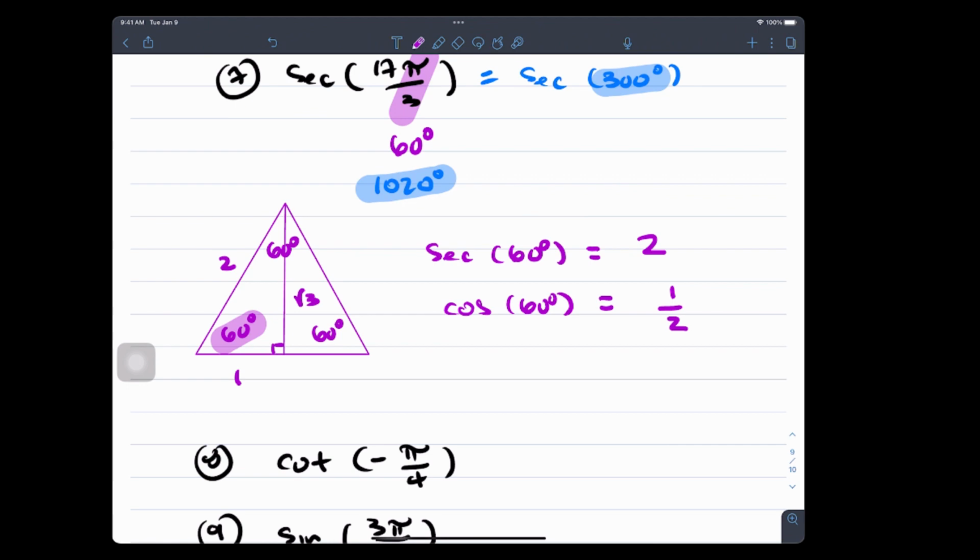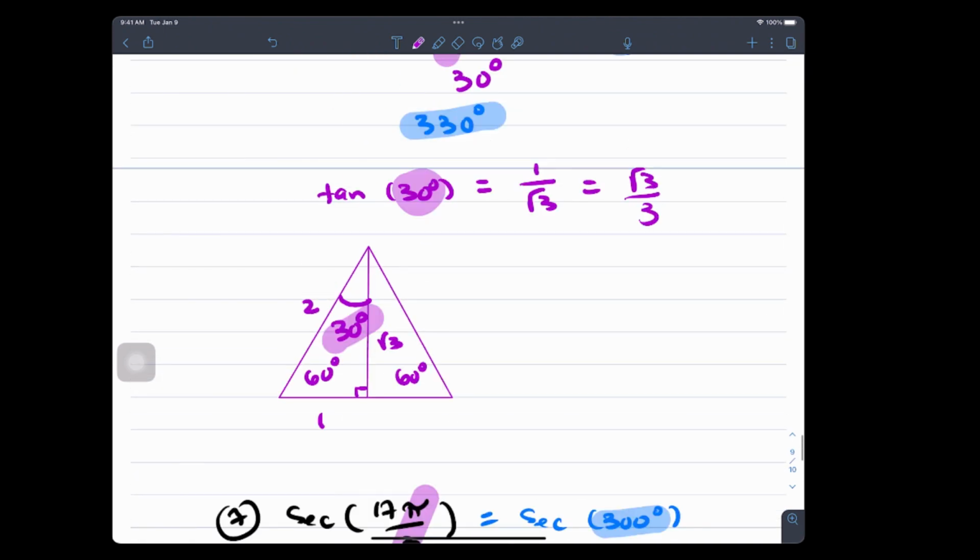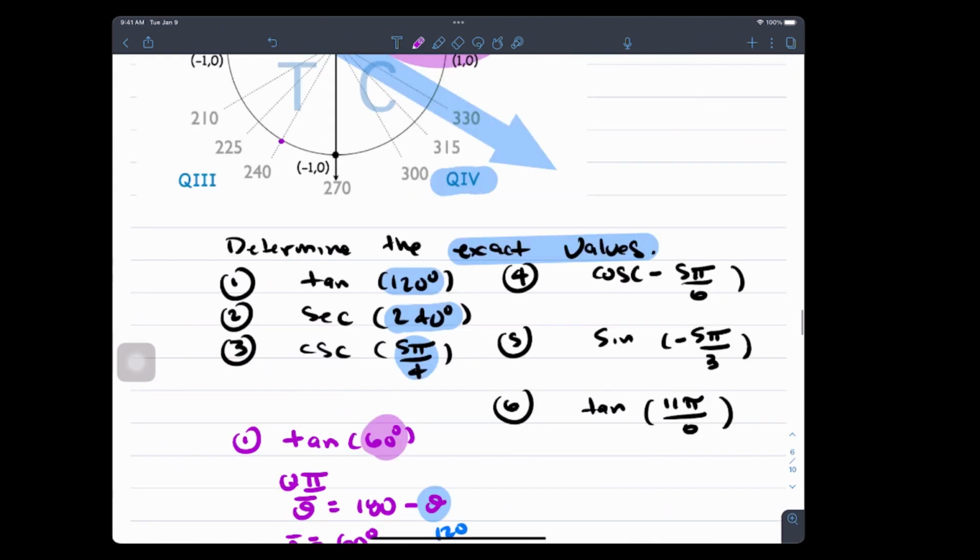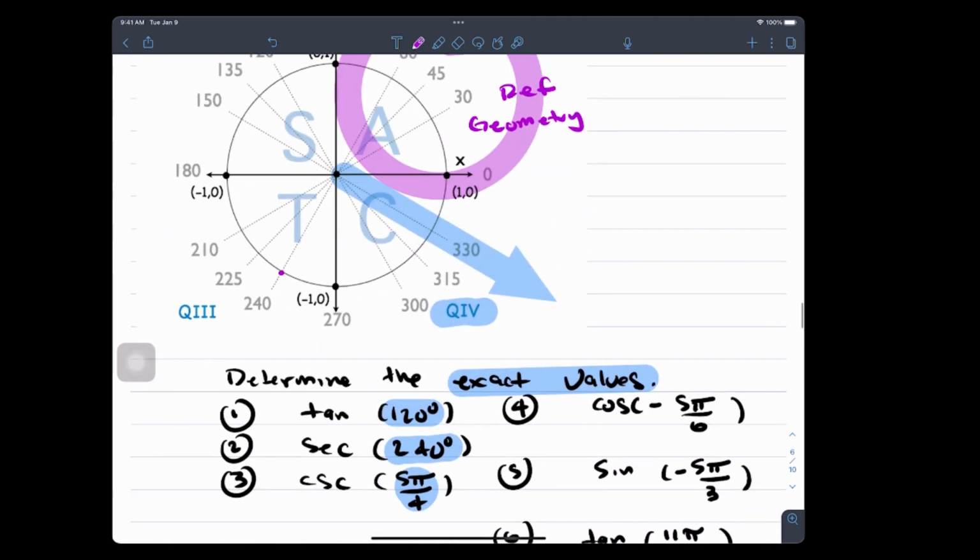Aren't I just using that same special triangle over and over and over again? Okay. So 300 degrees, what quadrant is that in? It's quadrant 4. What do we know about quadrant 4 angles? Only what? Cosine's positive. Is that true?